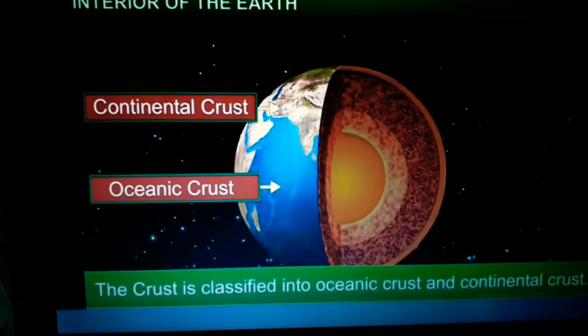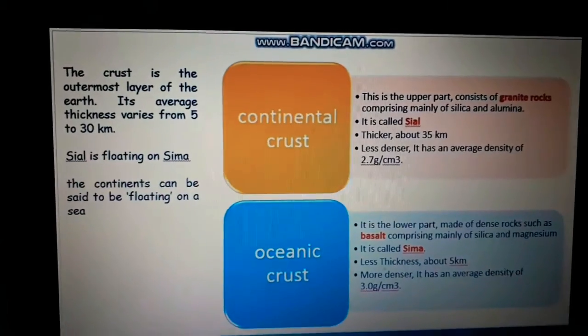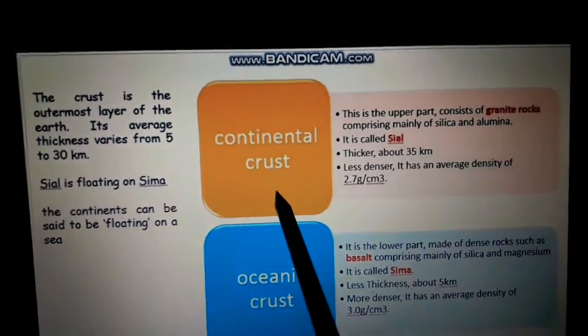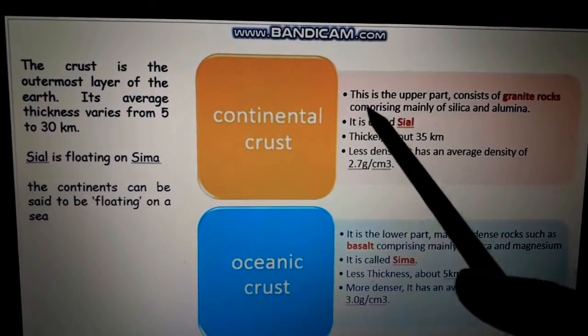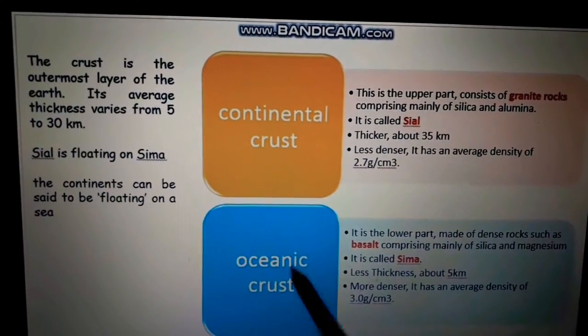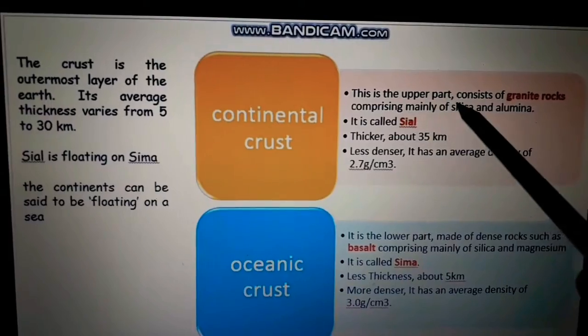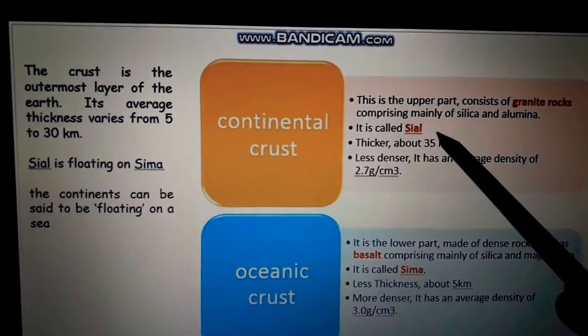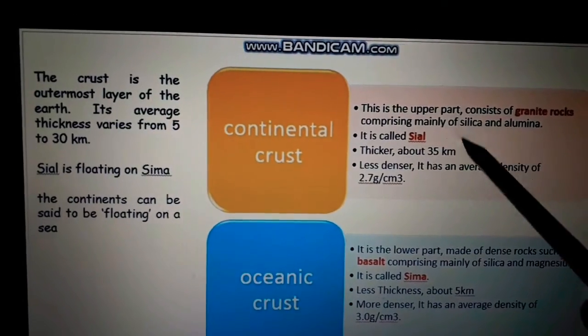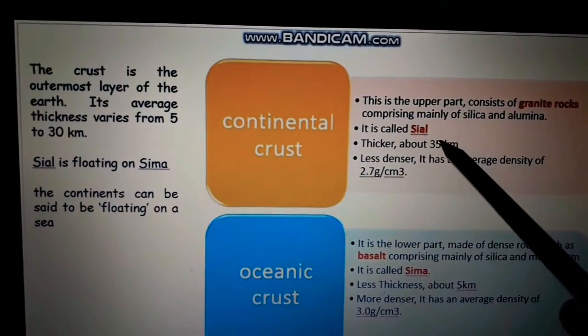Okay, and continental crust, we will see the detail, and also we will see the oceanic crust. This is the upper part and oceanic is the lower part. The upper part consists of granite rocks comprising mainly of silica and alumina. So it is called sial.